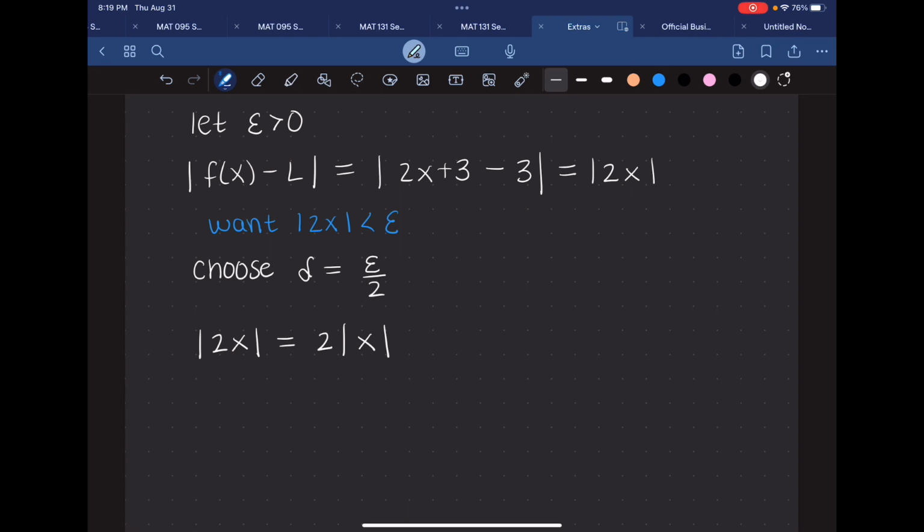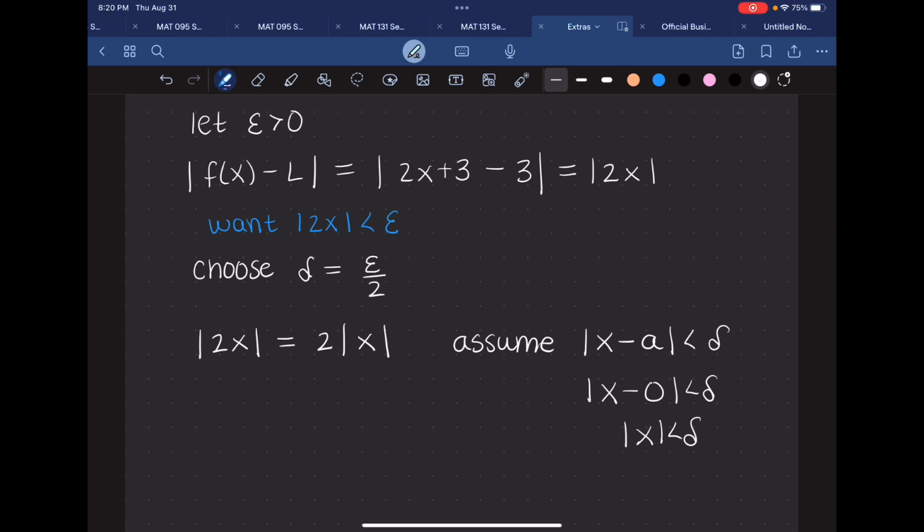And so long as we're going to assume that x minus a is less than delta, and our a in this case is 0, we've got the absolute value of x less than delta.